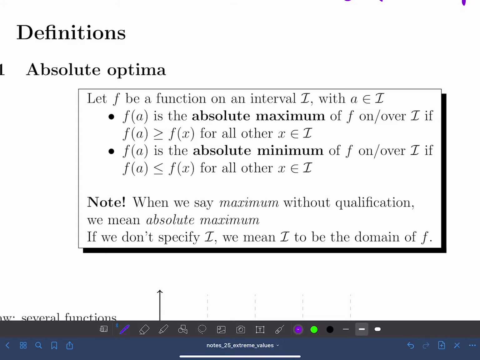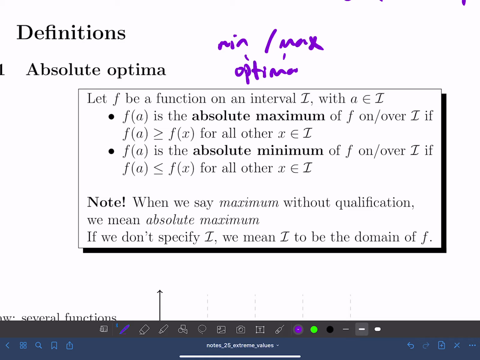One thing that I want to note is that what we're going to be doing here is finding the minimum or maximum values, and those are optima, not optimal. Optima is plural for optimum, and minimum and maximum.